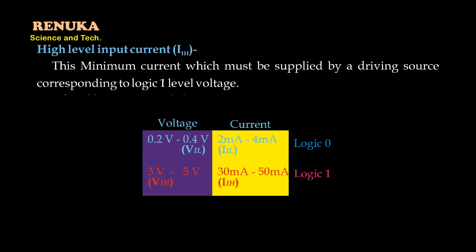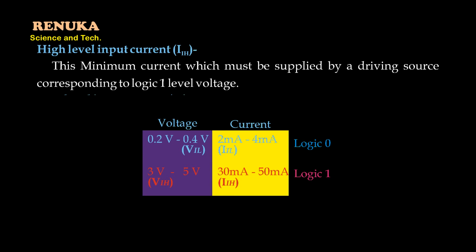So IIH, the high level input current, is defined as the minimum current which must be supplied by the driving source corresponding to the logic 1 level voltage. If these gates are connected to any other source, that source should have this much current, then only the gate will consider it as logic 1. The range is 30 milliampere to 50 milliampere. From this, the minimum current is 30 milliampere.